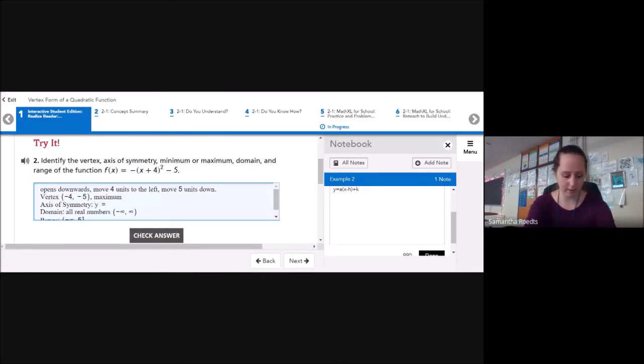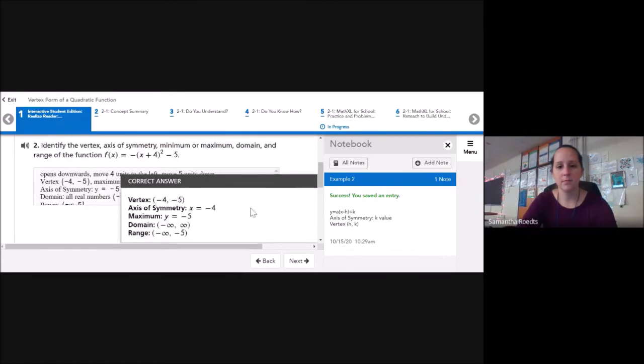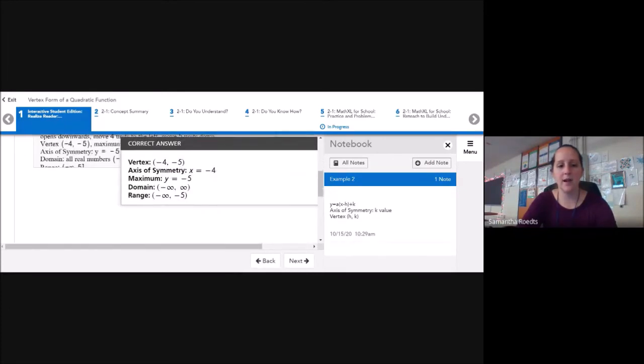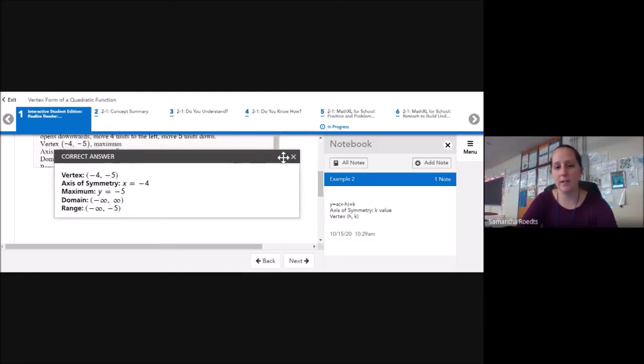Remember, your axis of symmetry is your h value, and your vertex is h comma k. So the vertex is (-4, -5), the axis of symmetry is x equals -4. The maximum is at y equals -5. And your domain is -infinity to infinity, and the range is -infinity to -5.